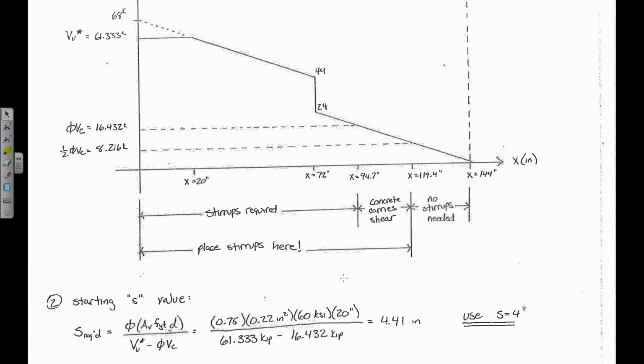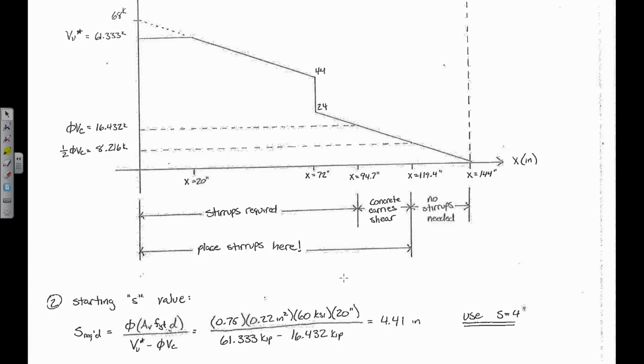So that means that, remember, when you're selecting stirrup increments, you don't round up, you round down, right? So if I had 4.41, that doesn't mean we'll use S equals 5. That results in a weaker beam. Use S equals 4 inches. So if I wanted to determine my design, it's probably going to be something like this.